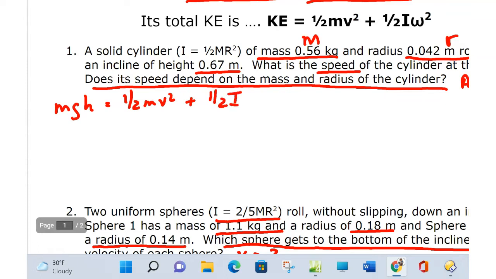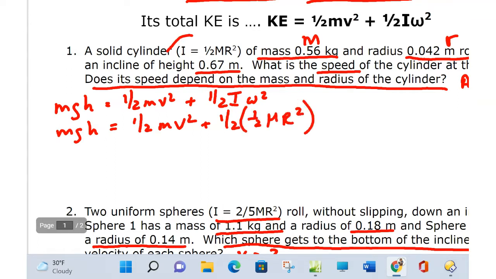which is 1/2 Iω². But we were told that the moment of inertia was, it's a cylinder, so it's right over here, 1/2 mr². And now here's the big trick. We're not going to substitute ω because we'd like to get everything in terms of a linear variable.